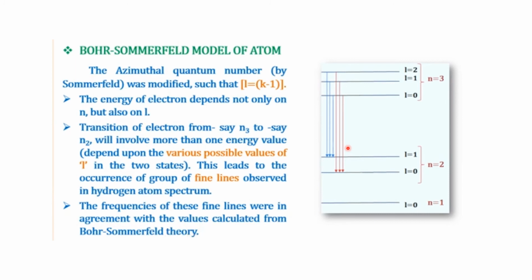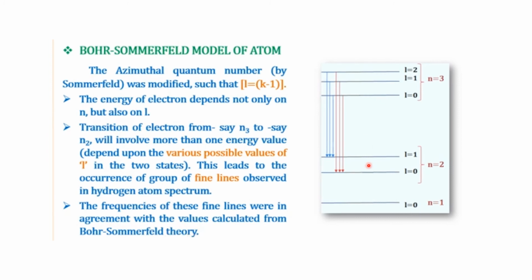In the second orbit two subshells are present because L values are from 0 to n minus 1, that is 0 and 1. So an electron can jump from L is equal to 2 to L is equal to 0, or L is equal to 1 to L is equal to 0, or L is equal to 0 to L is equal to 0 of the second orbit.